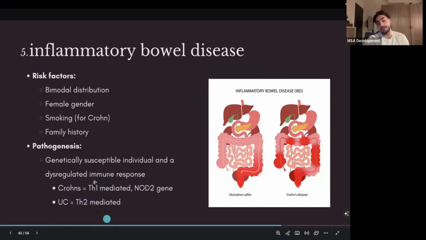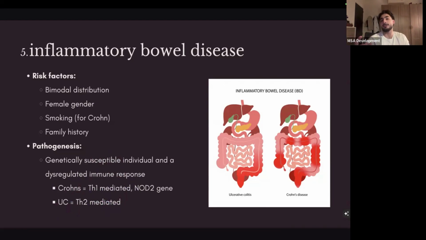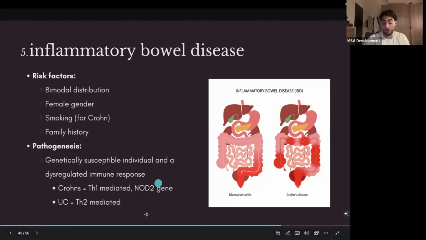Whereas in ulcerative colitis, it's Th2 mediated, which means that the main cell type that's going to be active in ulcerative colitis are your natural killer cells. You also get this gene that you should also remember that's going to be dysregulated in Crohn's disease. Okay, and this is what I mean by the skip lesions in Crohn's disease.